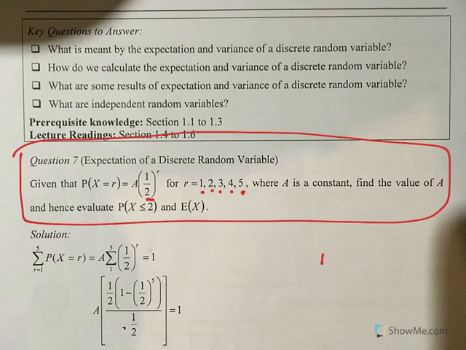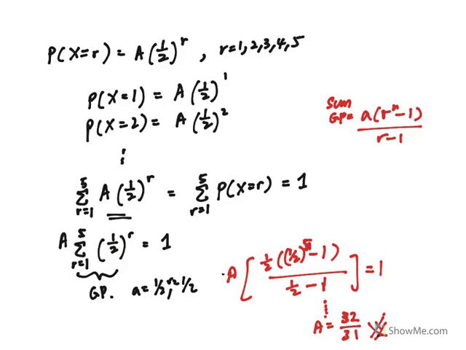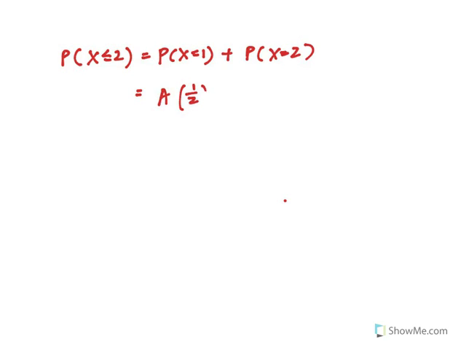And next, we want to find the probability of x less than or equal to 2. Given that r takes the values 1, 2, 3, 4, 5, the probability of x less than or equal to 2 will just be the probability of x equals 1 plus the probability of x equals 2. So that will be nothing but a times a half power 1 plus a half power 2, but we also found earlier that a is nothing but 32 over 31.